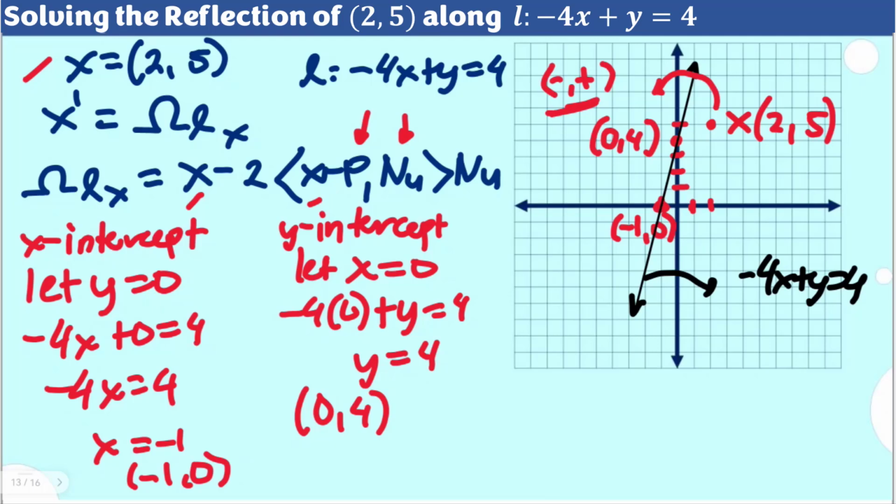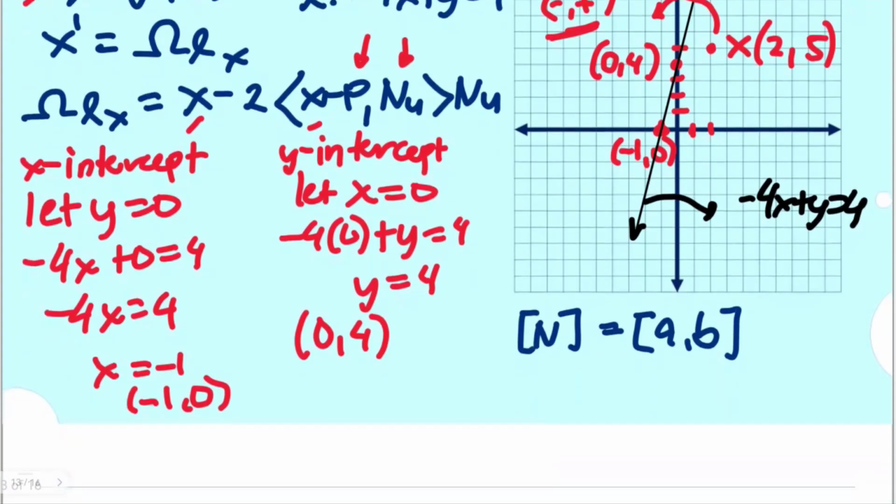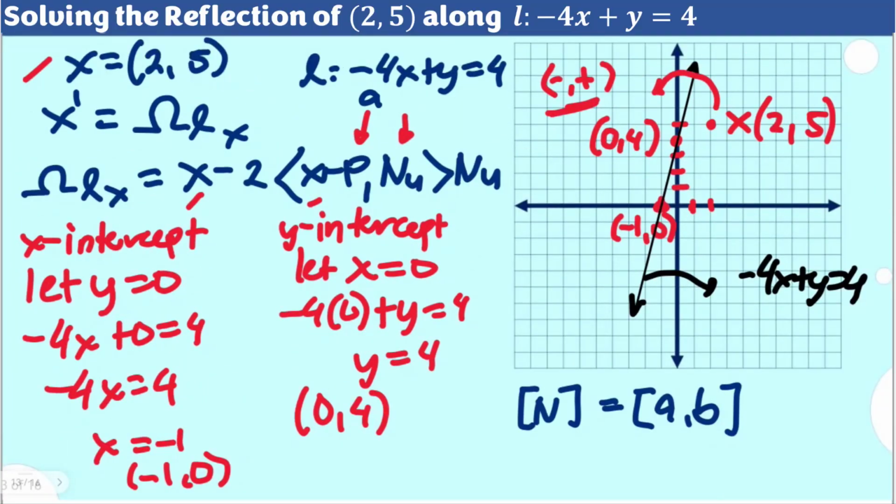So we are going to reintroduce the normal vector. The normal vector will just contain a and b if the direction vector of the line is not identified. Our a is negative 4, and our b is the coefficient of y, which is 1. So our normal vector is negative 4 and 1, the coefficients of x and y in our line.